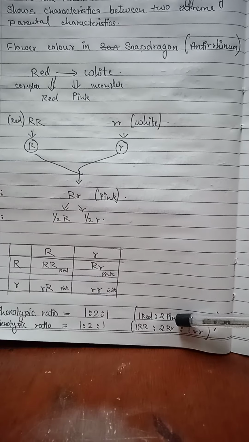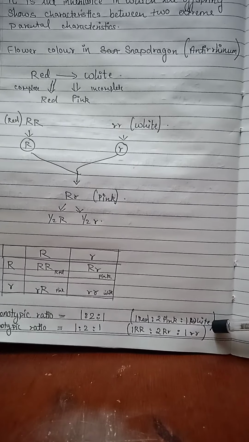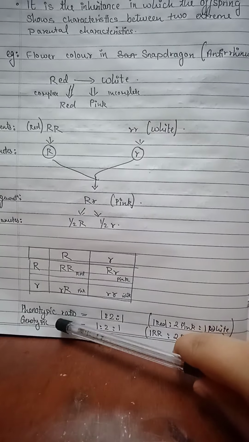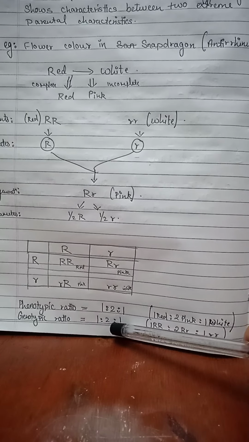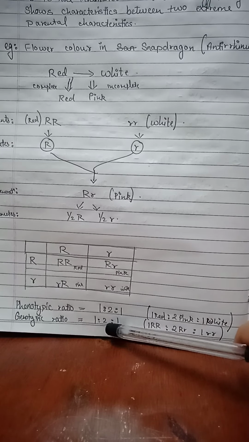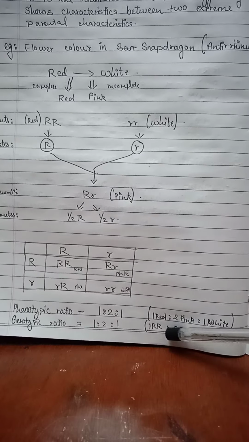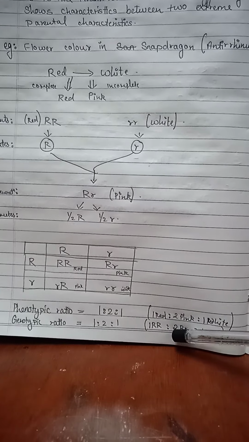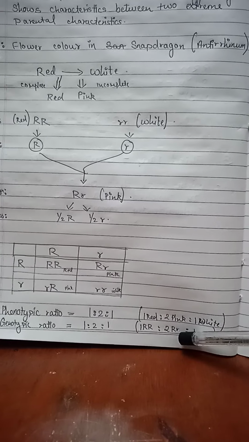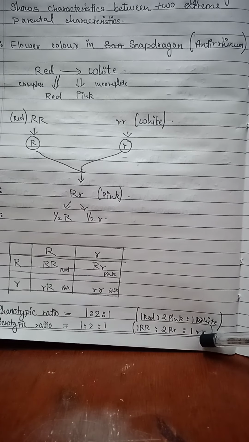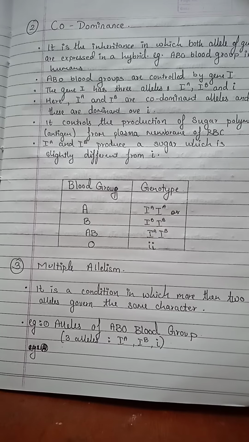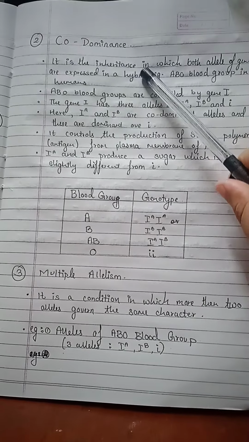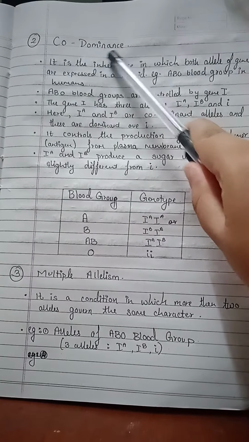Similarly, the genotypic ratio is the same as the phenotypic one, which is 1:2:1. Same thing: 1 capital R capital R, 2 capital R small r, 1 small r small r.